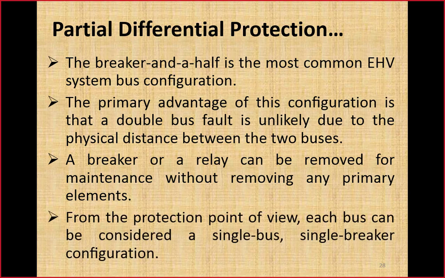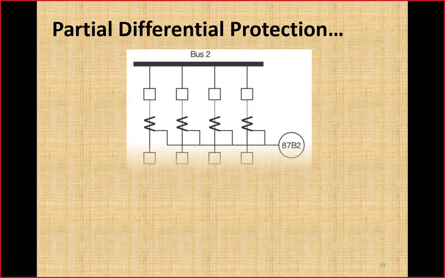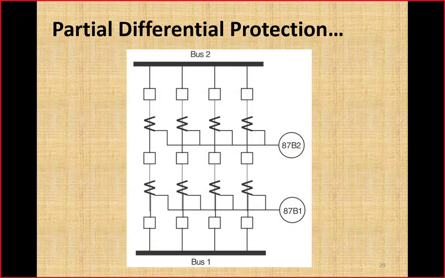So from the protection point of view, each bus can be considered a single bus, single breaker configuration like this. Now we have two buses. This is a breaker and half scheme. But once we want to provide the protection, each bus will be treated as a single bus. So if I hide the lower portion up to this point, the upper portion looks like a simple differential protection for a single bus single breaker scheme.